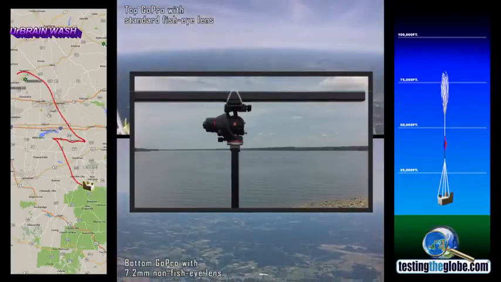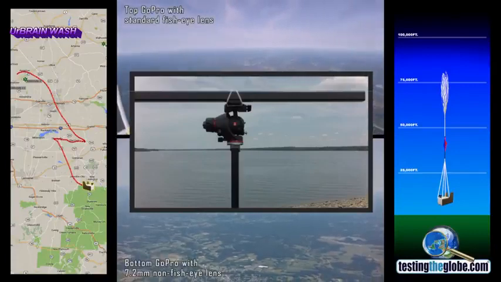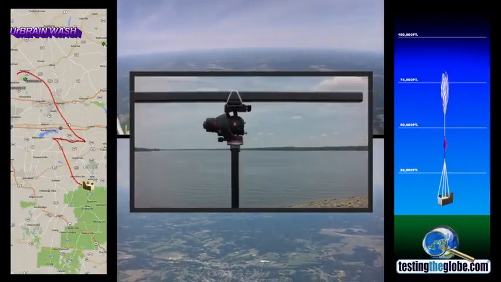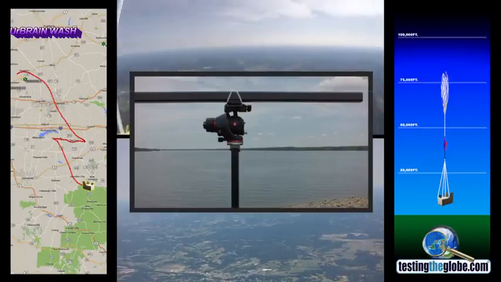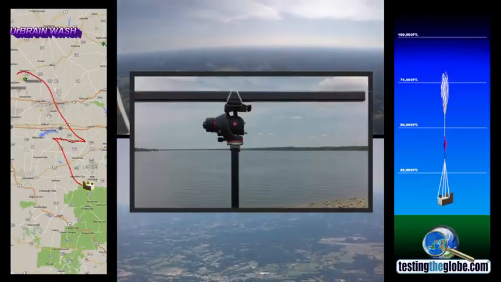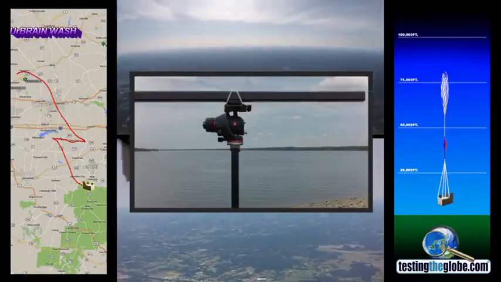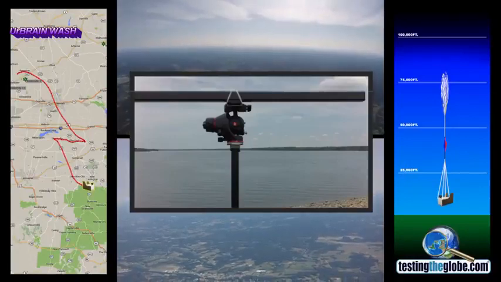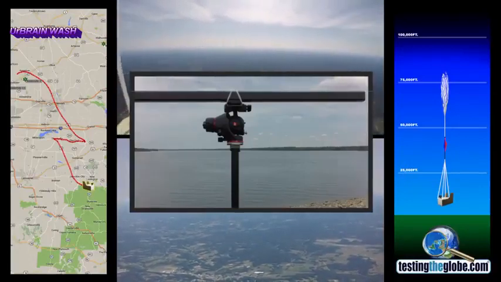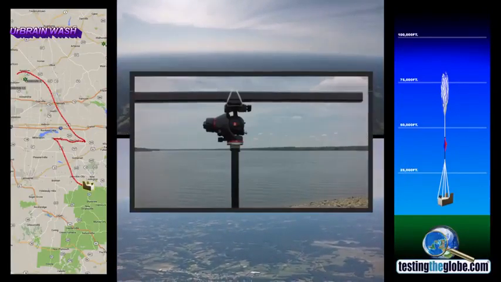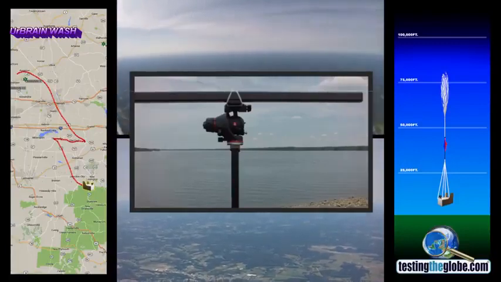So that is with correction there. I'll show you without correction. See, there's slight distortion. That's with correction. So there is some distortion there. It's not a ton, but it's enough that it does need correcting.